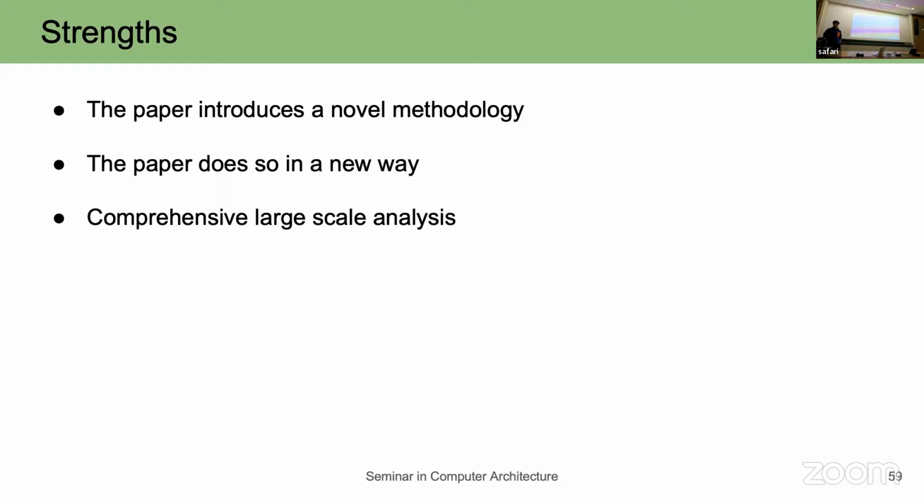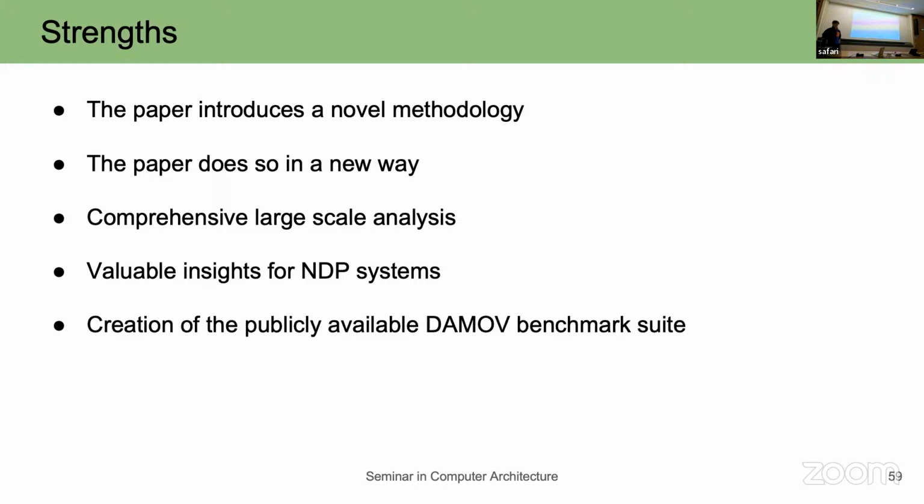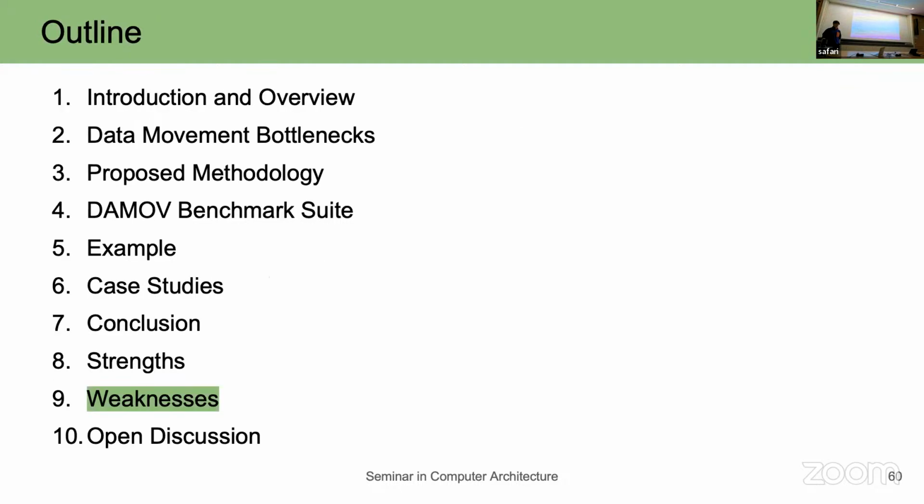And it does so in a very comprehensive and large-scale analysis, which provides valuable insights for NDP systems. It also creates the publicly available DAMOV benchmark suite, which you can check out on the SAFARI GitHub. Because it's publicly available, it is very reproducible for everyone, so it can be used for future research.